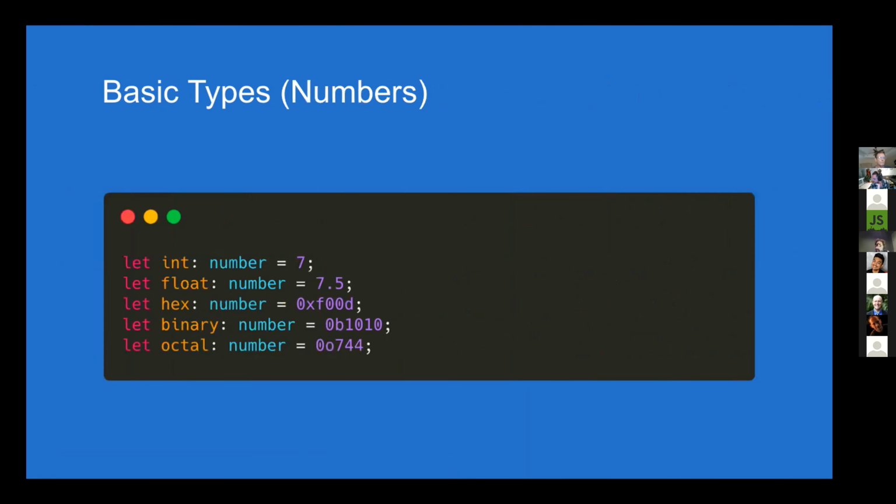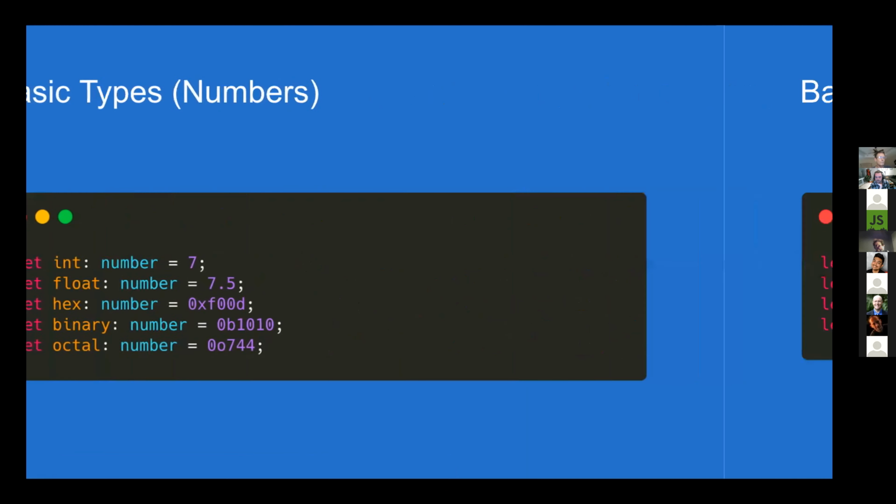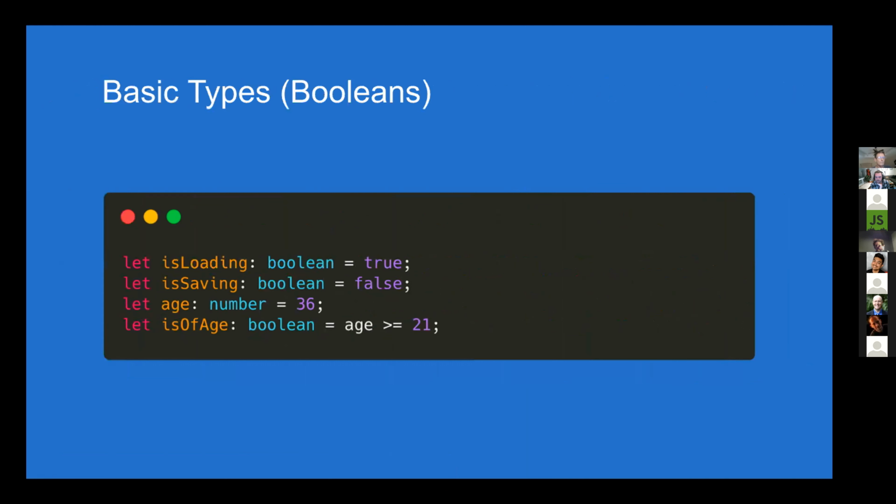Unlike some languages, TypeScript only has one type for numbers. Others might have a different type for integers and floats and such, but here you have numbers, a float, hexadecimal, binary, or octal numbers. I think Booleans are pretty self-explanatory. It's either true or false or a statement that will equal either.